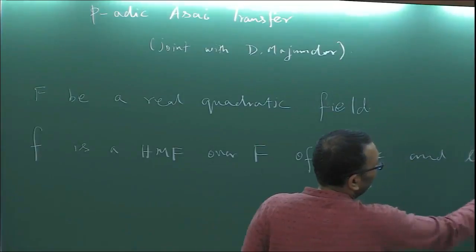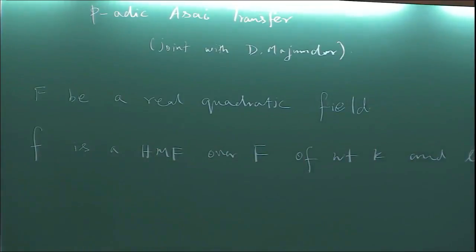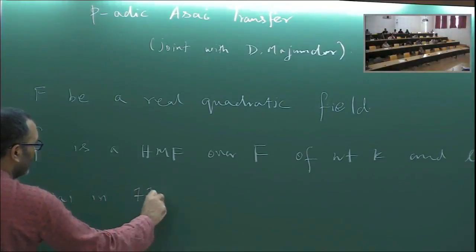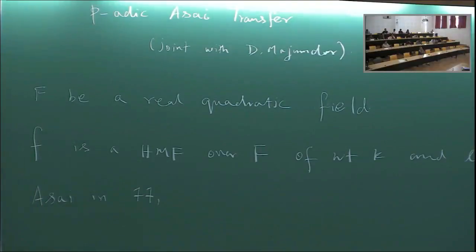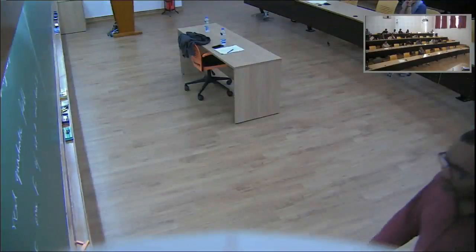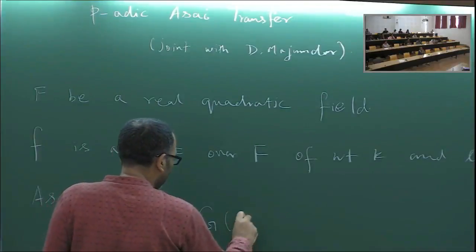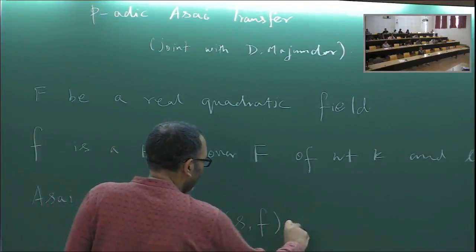This is just to introduce; we don't really need this assumption later on. Then Asai, in a paper in 1977, introduced this function, which is now called the Asai L-function. It is given by the same formula that we had yesterday.